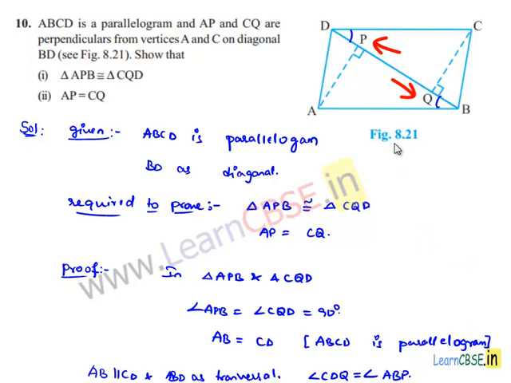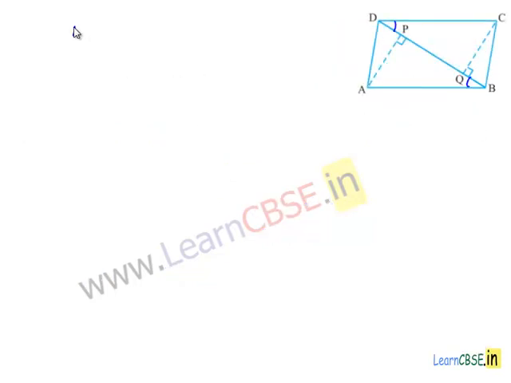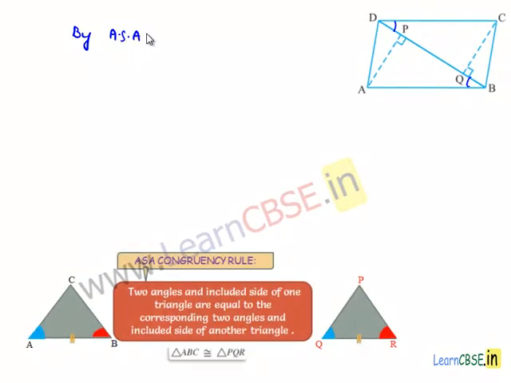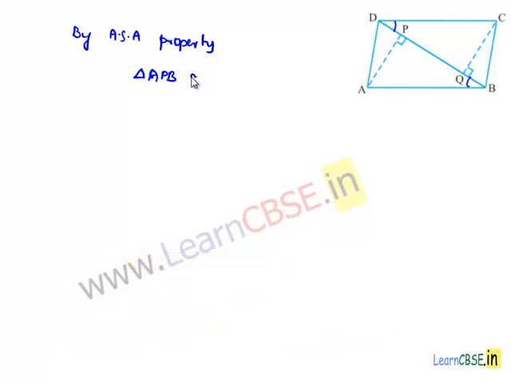So in the two triangles, two corresponding angles and a side are equal. So we can say by ASA property of congruence, triangle APB is congruent to triangle CQD.